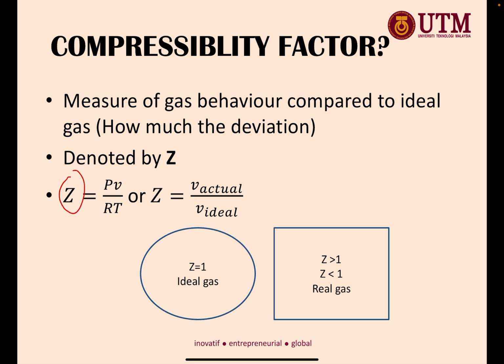If Z is equal to 1, it is an ideal gas. If it's more than 1 or less than 1, it is a real gas. So the nearer the value to 1, the more we can assume it as an ideal gas.